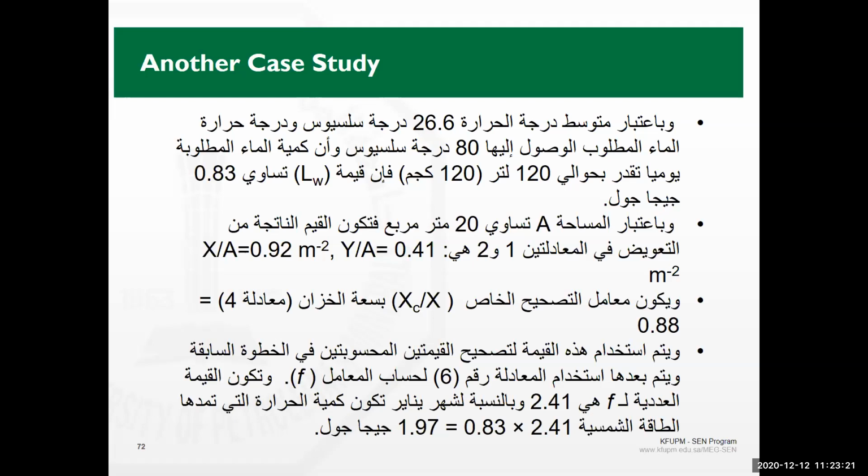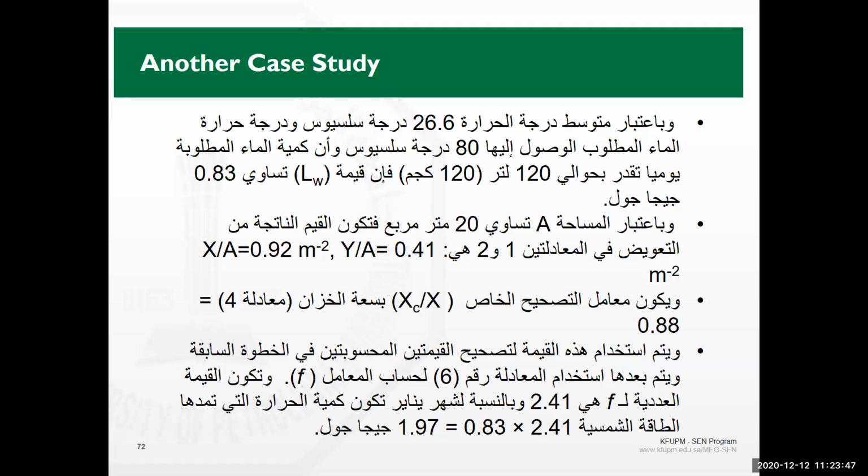The quantity of water needed is 120 liters or 120 kilogram. So the load is calculated as 0.83 gigajoules in January. For an area of 20 meters square, the values that are calculated for X over A and Y over A are given here. And the correction XC for the tank is about 0.88.